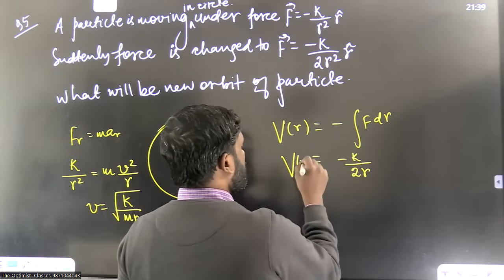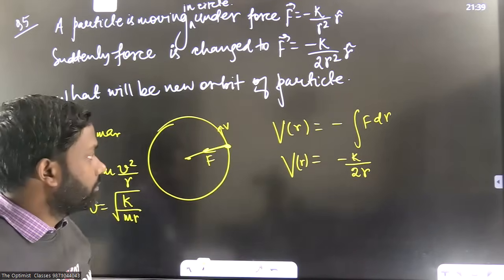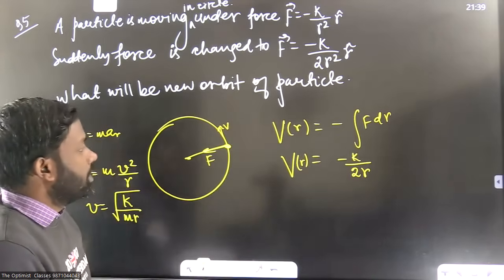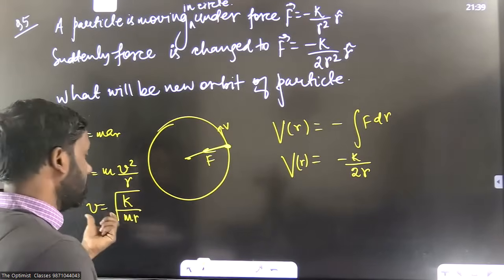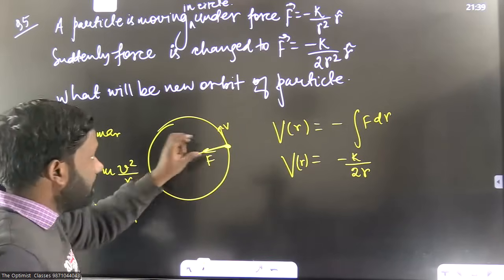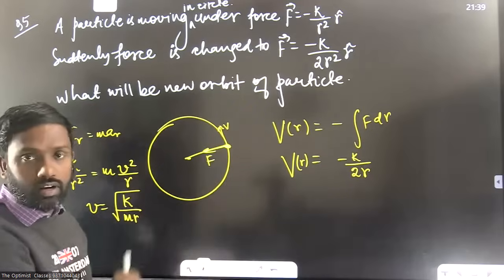We are taking potential at infinity to be 0, so that's why we are not adding any constant. So this is the potential energy now, and speed is this. See, when you change the force suddenly, its speed doesn't change suddenly, because to change speed, it requires some time.